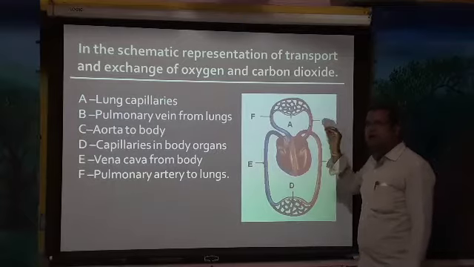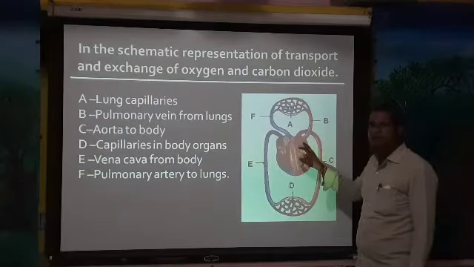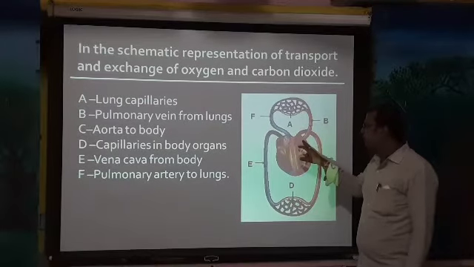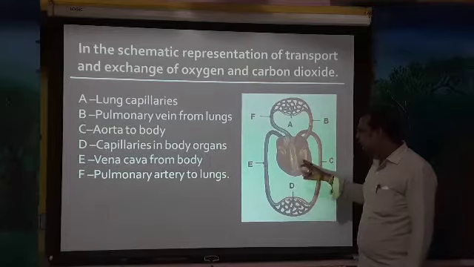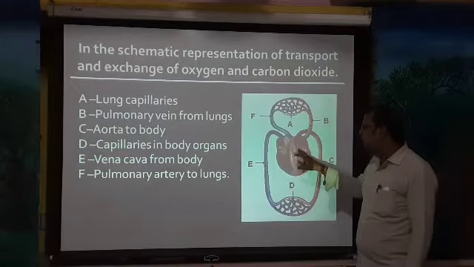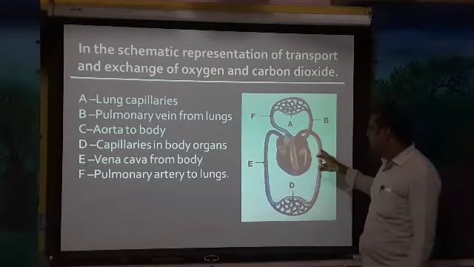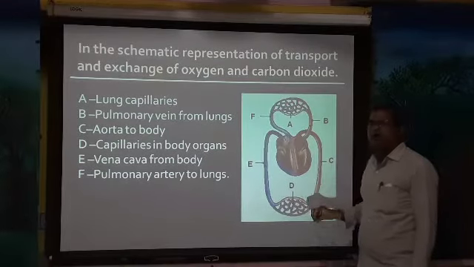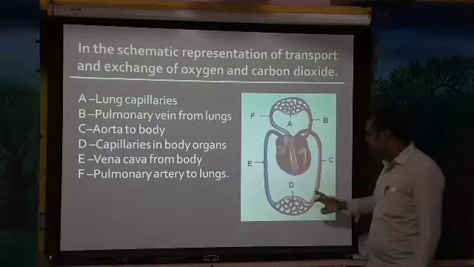It carries oxygenated blood from the lungs to the left atrium. From the left atrium it goes to the left ventricle. From the left ventricle it is pushed into the part called the aorta. Through this aorta it carries the oxygenated blood to the different parts of the body.